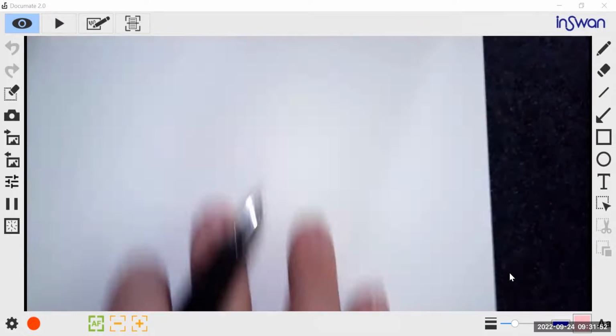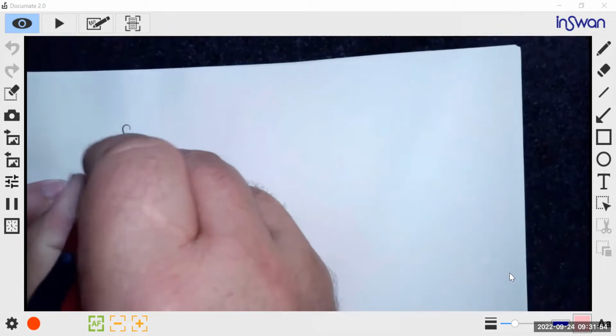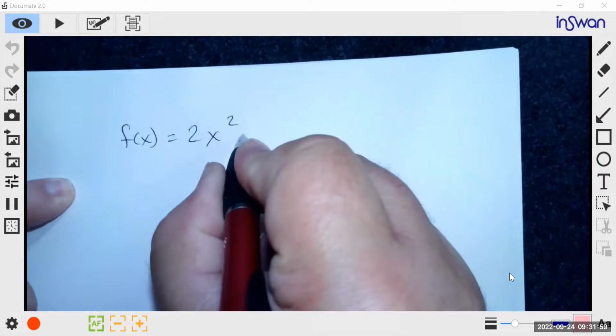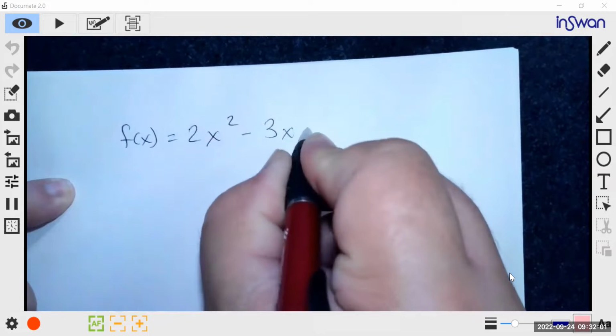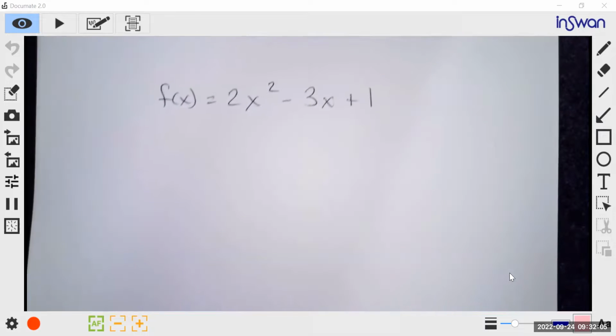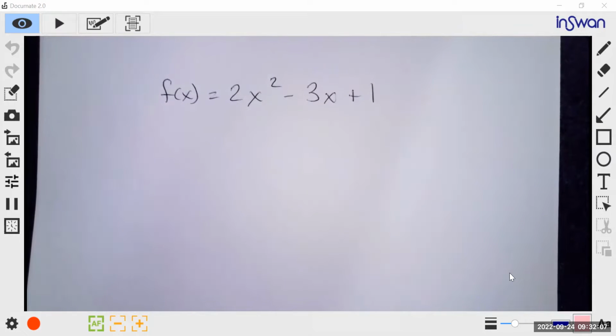So with that, let's look at the first example. What can you tell me that graph's going to look like, approximately?